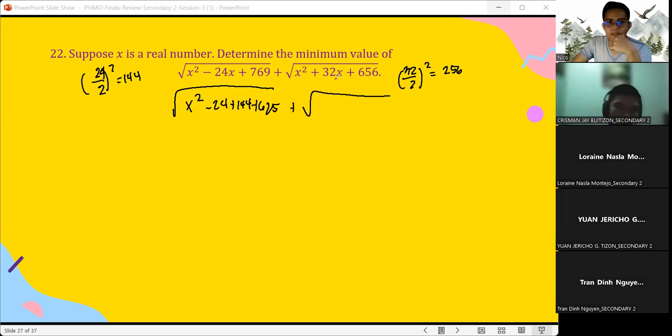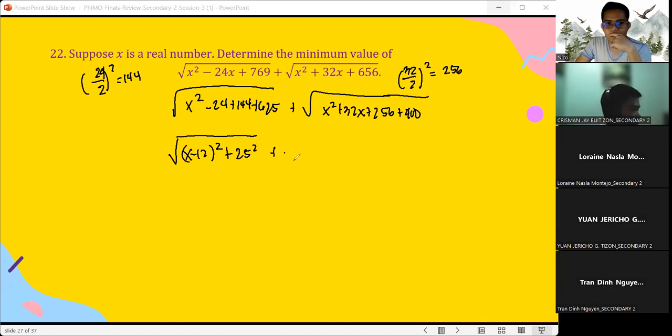This one here is x squared plus 32x plus 256, and this one is 400 na lang. So this is the square root of (x minus 12) squared plus 25 squared plus the square root of (x plus 16) squared plus 20 squared, diba?